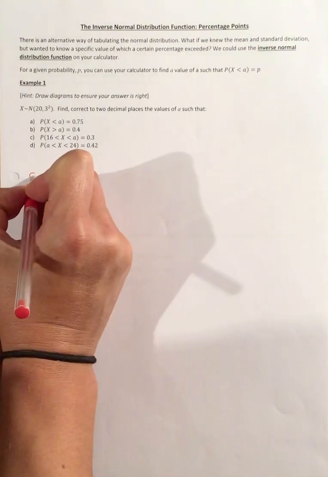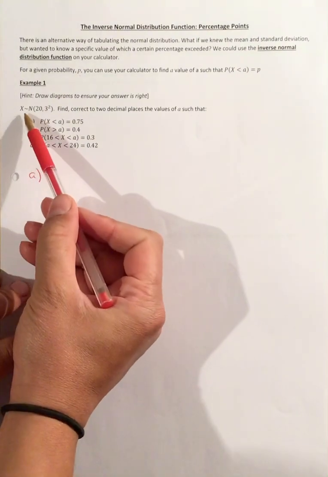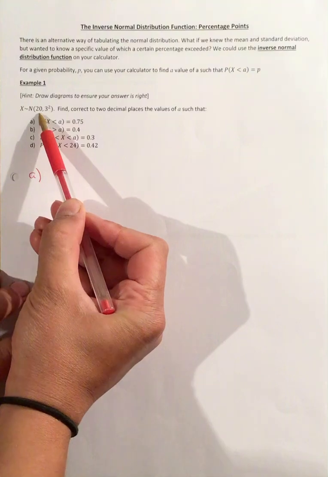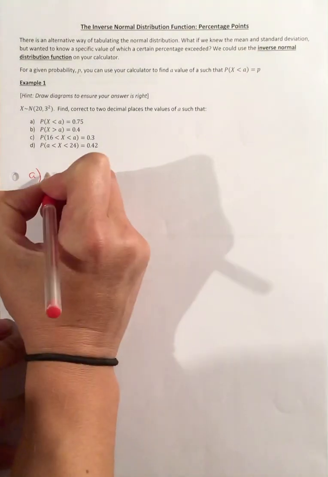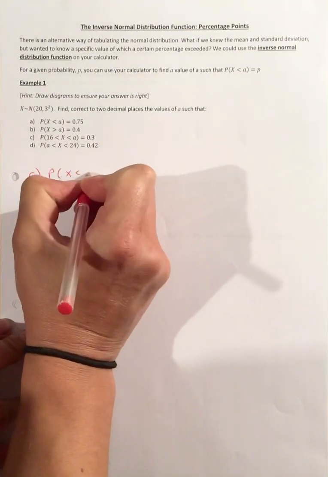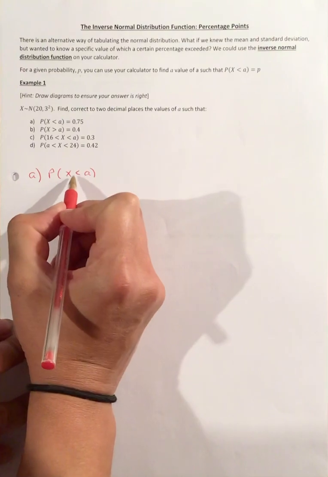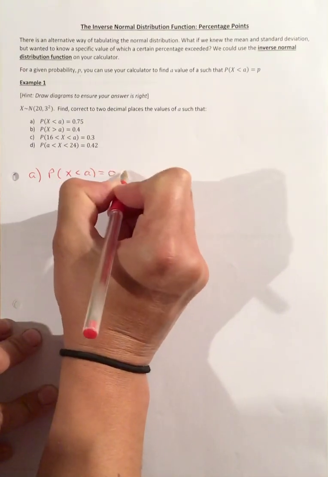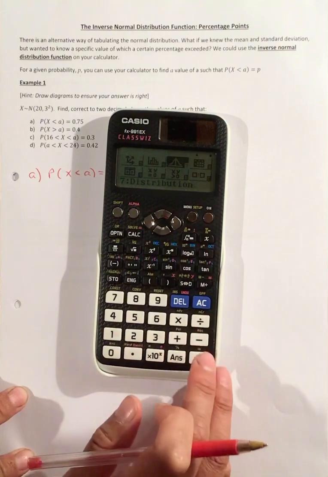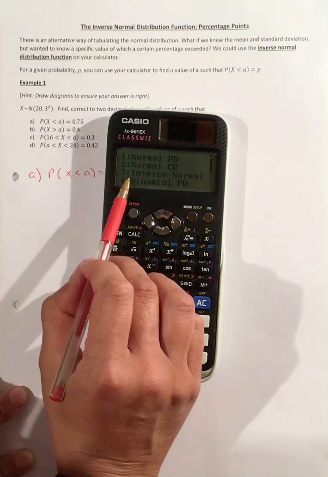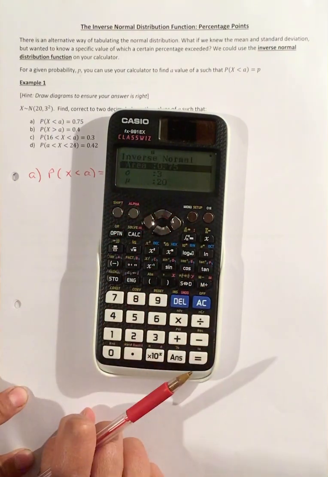For question A, with our normal distribution with a mean of 20 and a standard deviation of 3, we want to know what value has a probability of x being less than that value of 0.75. Using our calculators, we go into mode 7 for the distribution mode, and there is an option for the inverse normal.